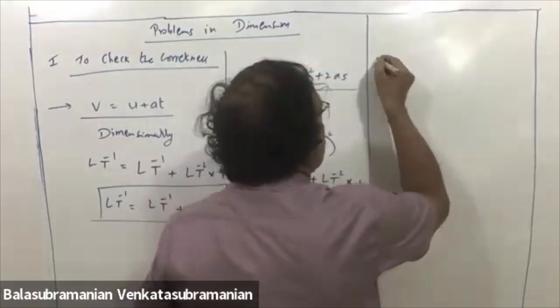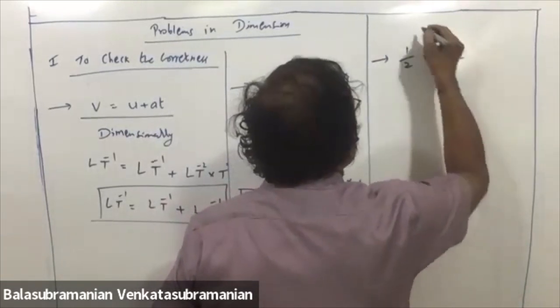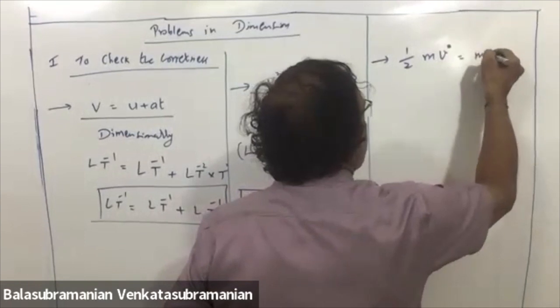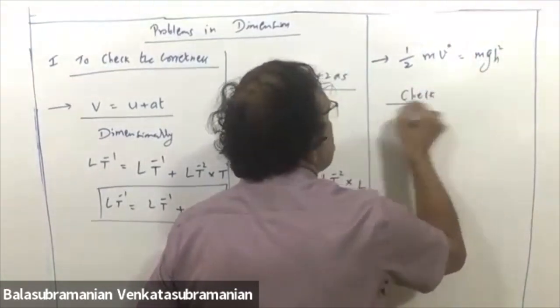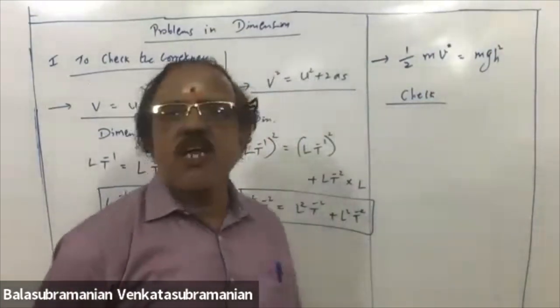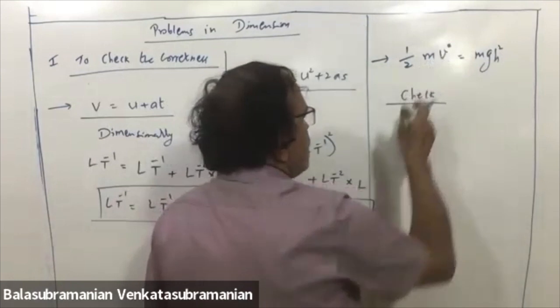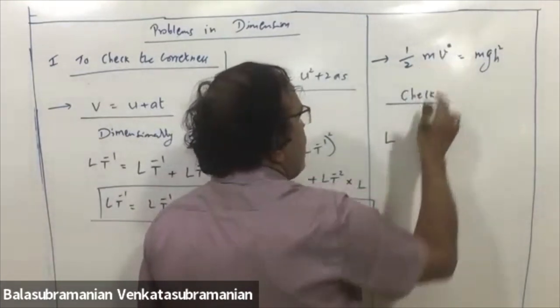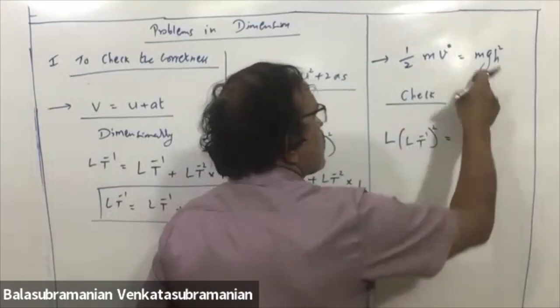Say for example, half mv square is equal to mgh square. Check dimensionally. M dimensional formula M, V velocity LT power minus 1 the whole square.